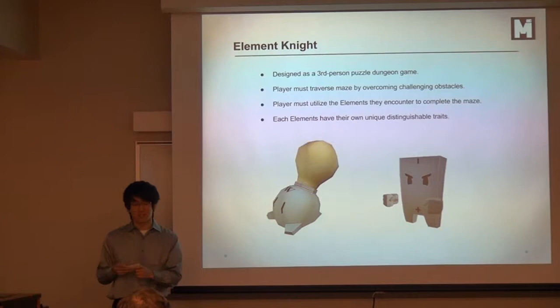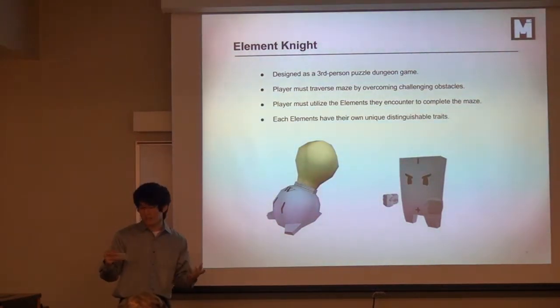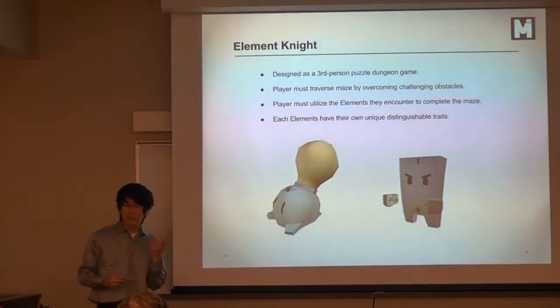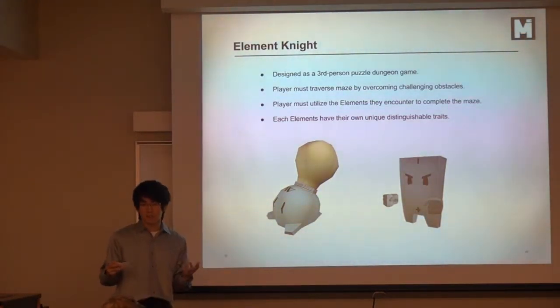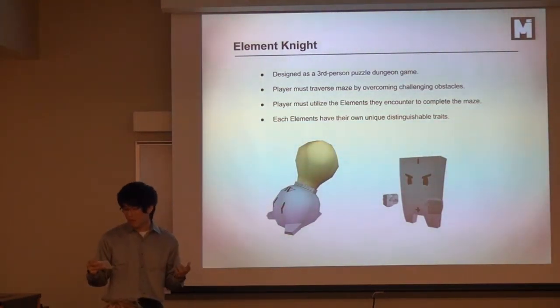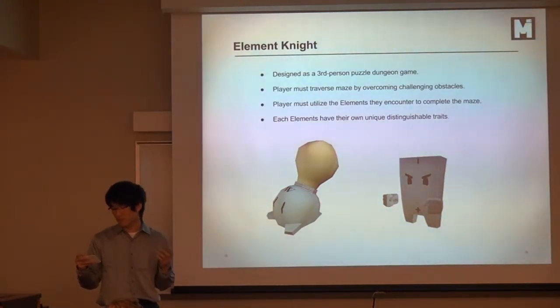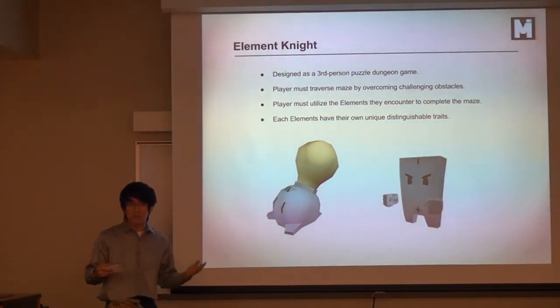As Joe mentioned, about our game, Element Knight, I'm going to briefly explain what it is. It's a third-person puzzle dungeon platformer, and the main objective is to escape the deadly maze by overcoming difficult obstacles or challenges. There are some key puzzle elements that derive from each element.